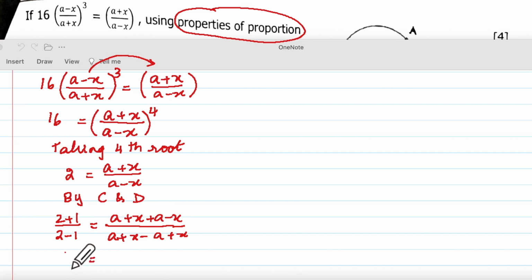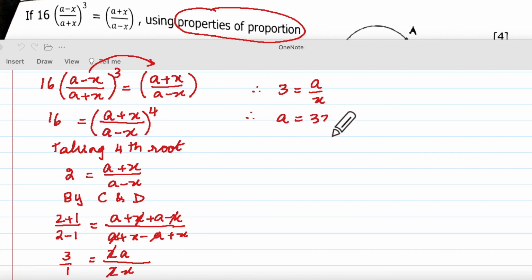Okay, so this will give you 3 upon 1 is equal to, here you'll get 2A upon 2X. 2 and 2 got cancelled, and you will say therefore 3 is equal to A upon X, therefore A equal to 3X. This is what you had to prove. So you will say proved.